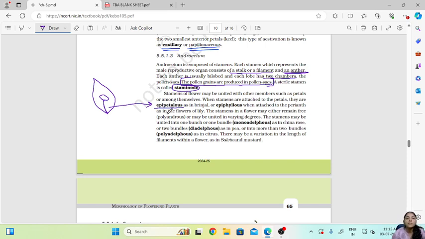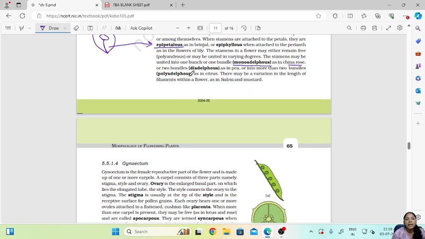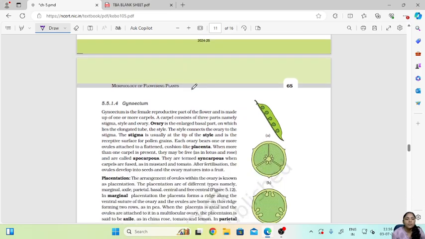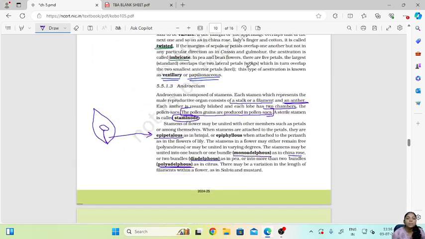When united into one bundle, they are called monoadelphous, as in China rose. When present in two bundles, they are called diadelphous stamens. When the stamens are present in more than two bundles, they are called polyadelphous. So this is about the stamens of the flowers.